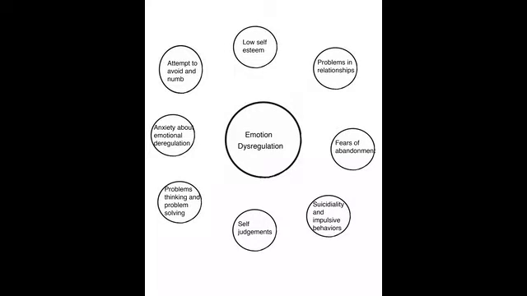And so the next symptom is anxiety about emotional dysregulation. So they will not only have difficulty in controlling their emotions, but also have anxiety about it. Then attempts to avoid and numb, which can be alcohol, legal drugs, or illegal drugs. It's very common for people to be hooked on prescription painkillers like Vicodin, oxycodone.